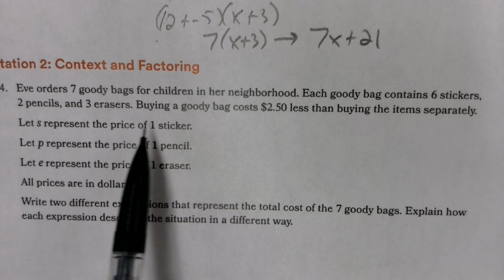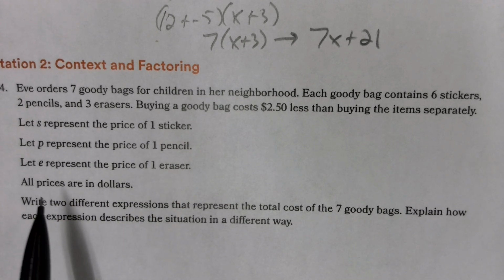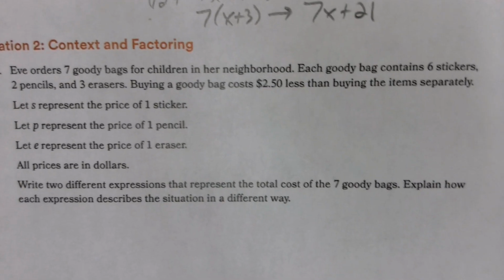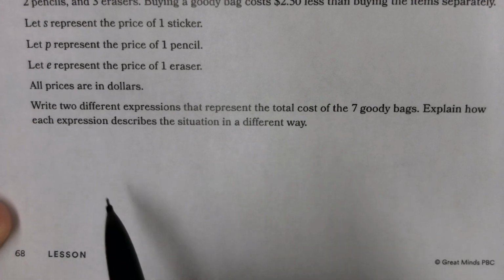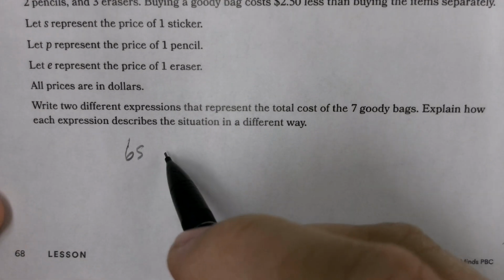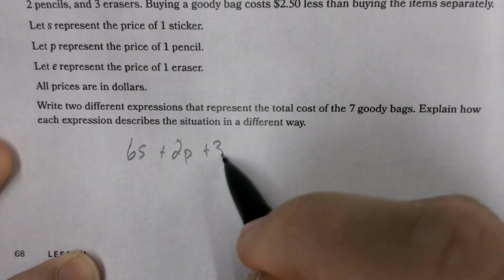S is going to represent the price of a sticker, P for a pencil, and E represents the price of an eraser. All prices are in dollars. And we're going to write 2 different expressions that could represent the total cost. Well, to begin with, we know that she's buying 6 stickers plus 2 pencils plus 3 erasers.